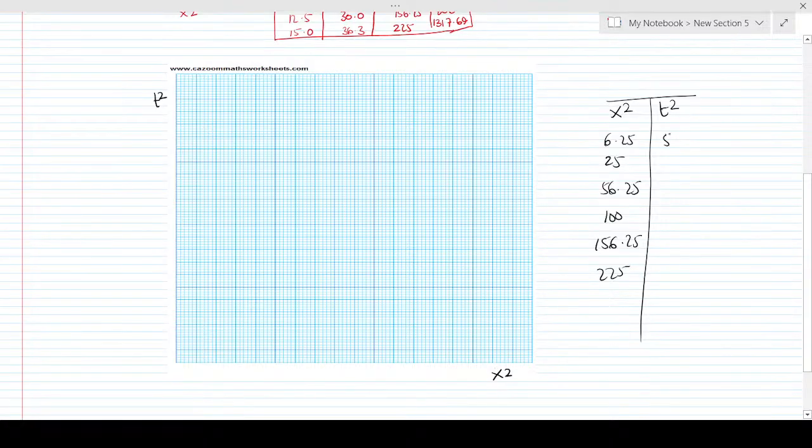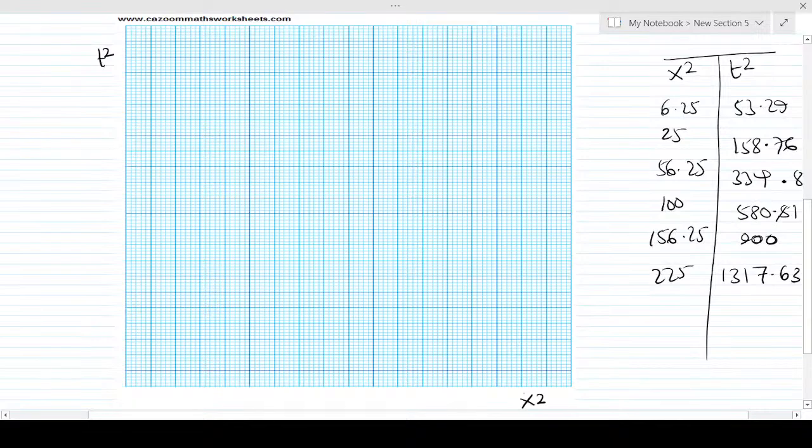Then the t squared values are 53.29, 158.76, 334.89, 580.81, 900, and 1317.69. So we are going to plot these. Let me increase a little bit. The highest on our t-axis is 1300.